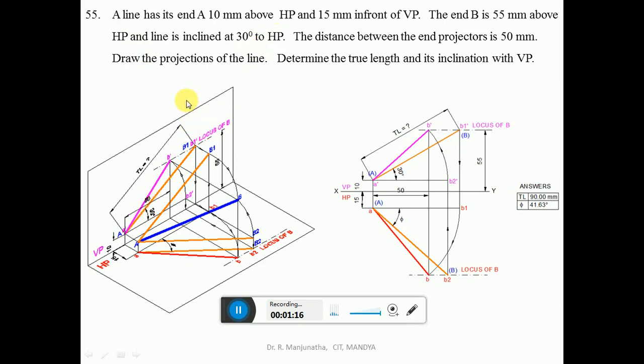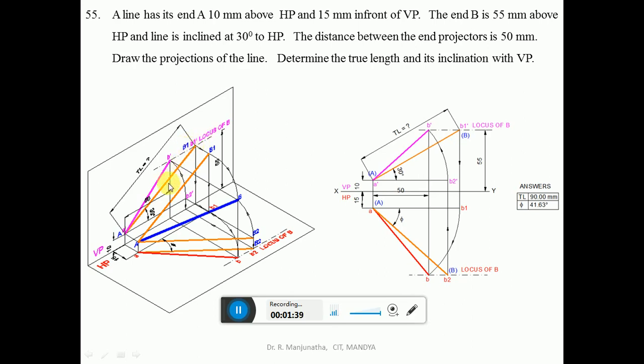Since the line is given with its true inclination, with the end A as center, with a dash as center, using the protractor we measure an angle of 30 degrees and draw an inclined line so that it cuts the locus of B at this point. So we get small b1 dash, which will be the true length line.